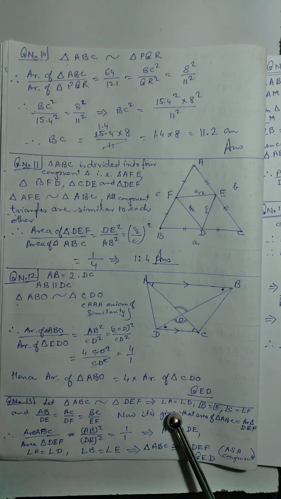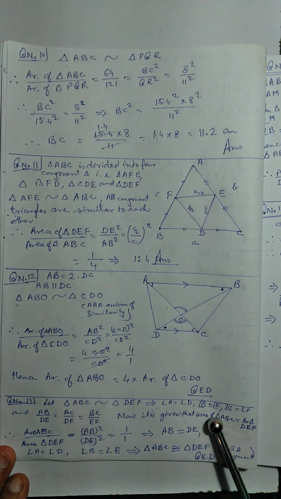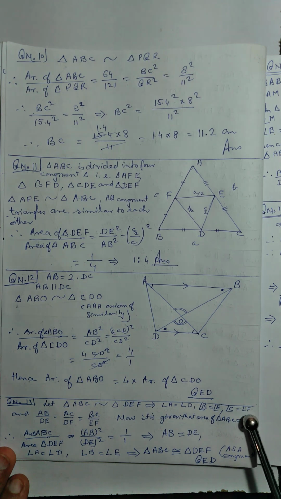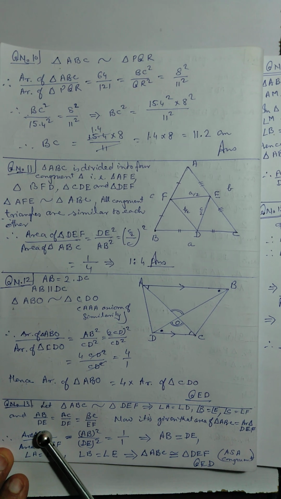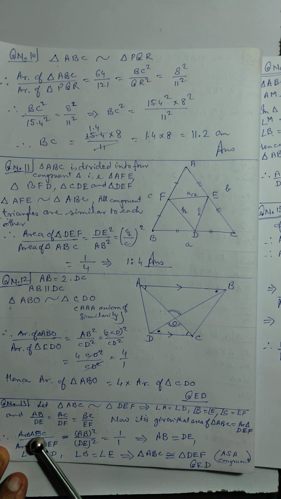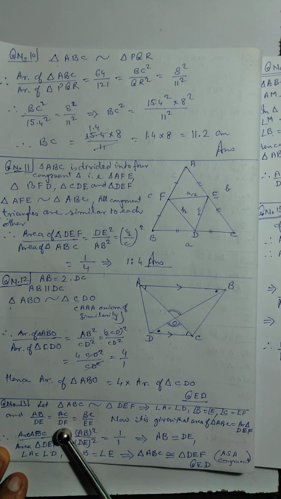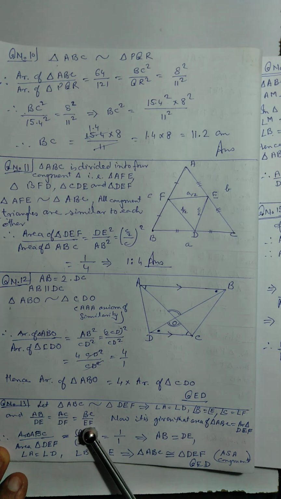So angle A is equal to angle D, angle B is equal to angle E, angle C is equal to angle F, as well as the corresponding sides should be proportional. So AB upon DE is equal to AC upon DF is equal to BC upon EF.